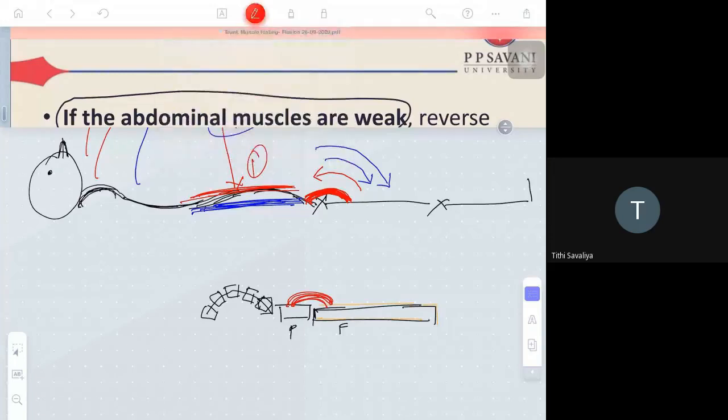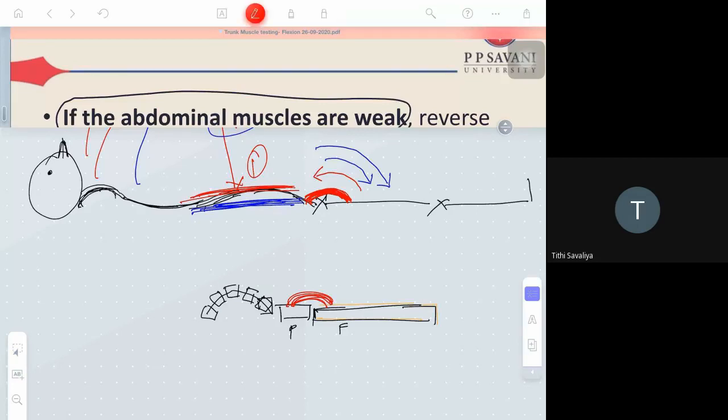It takes origin from here, the transverse processes of all the lumbar vertebrae. So what will happen if the muscle is contracting in the reverse direction?